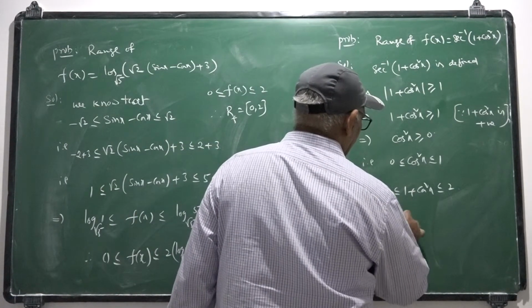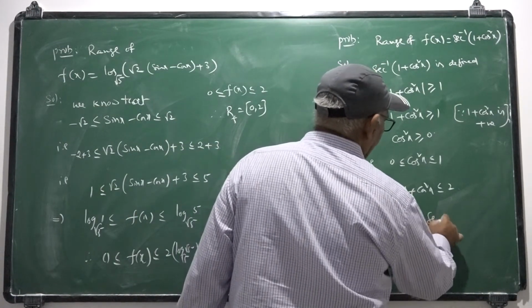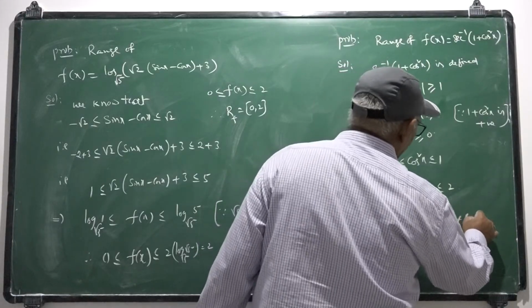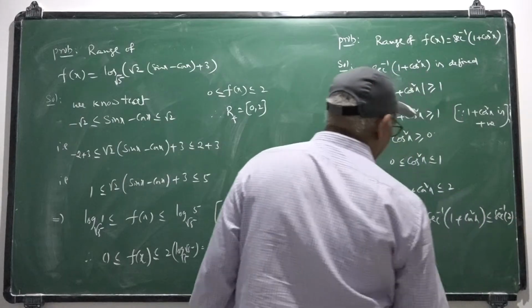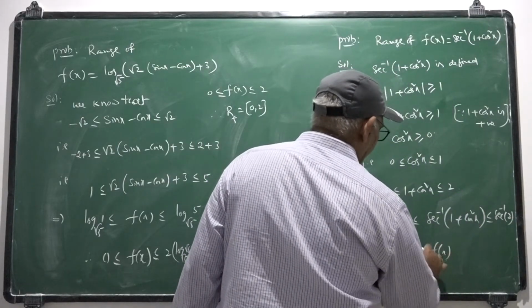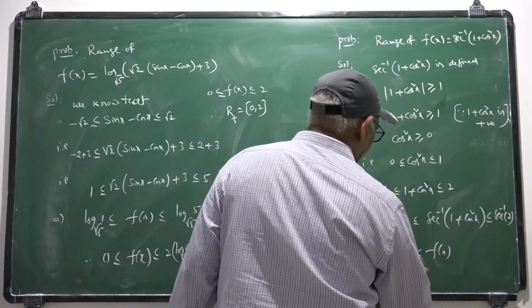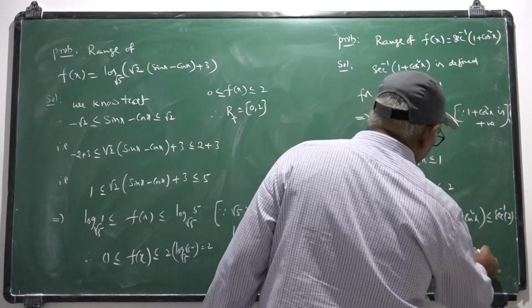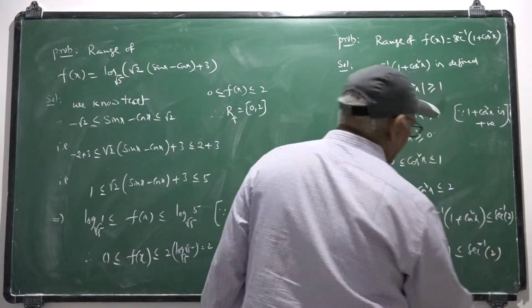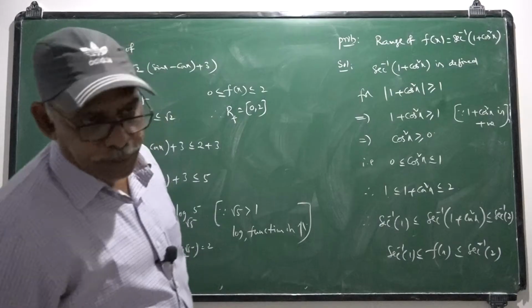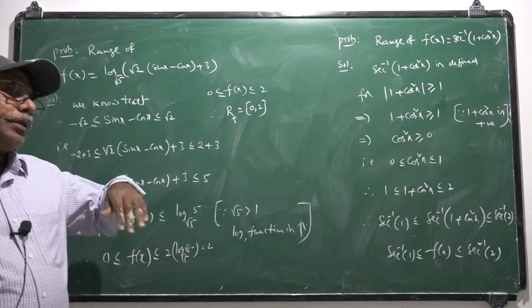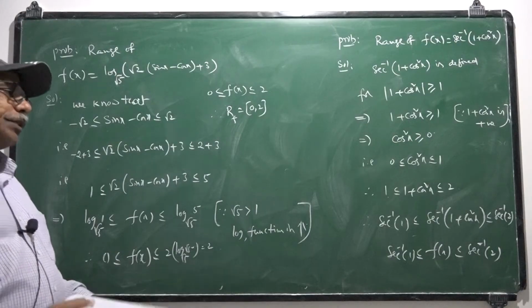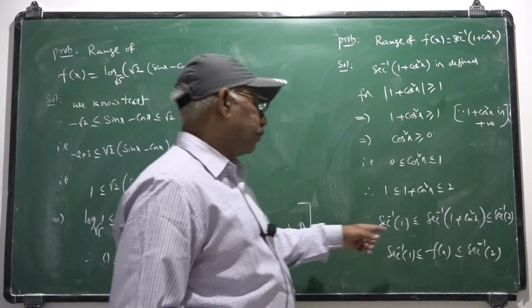Applying secant inverse here, 1 plus cos square x gives secant inverse of 2. So f(x) lies between secant inverse of 1 and secant inverse of 2. Since the cos inverse function is decreasing, the secant inverse function is increasing, there is no change in the inequality.